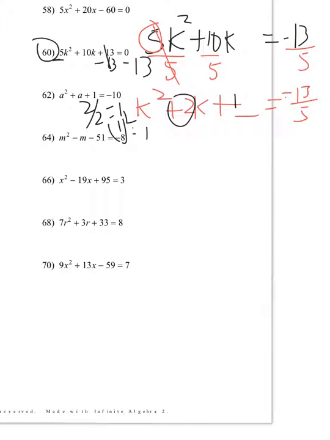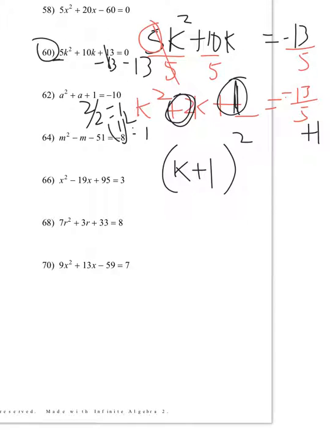So I want to add 1 right here, and I need to add 1 over on this side. So this side, just like with the previous ones, I'm going to write as k, and then whatever half of the b value is goes in the middle. So this is k plus 1.